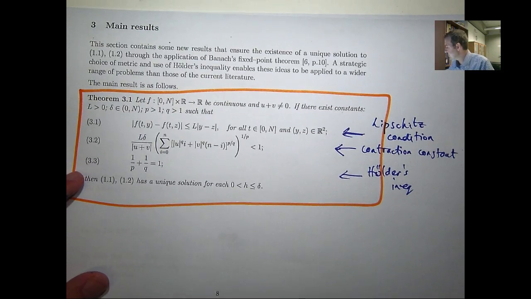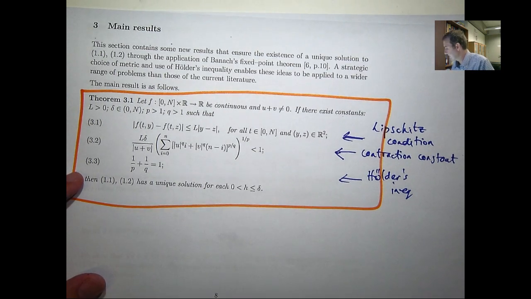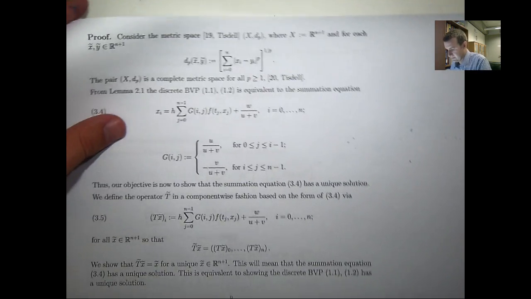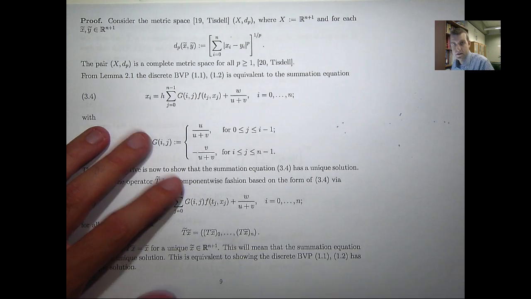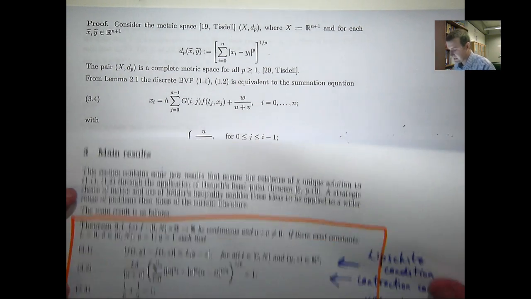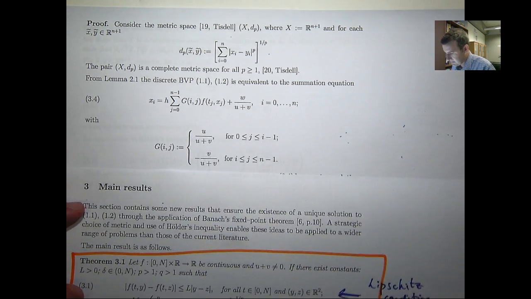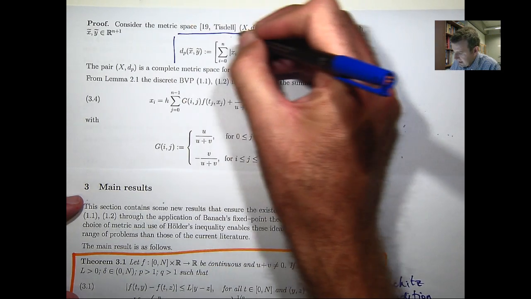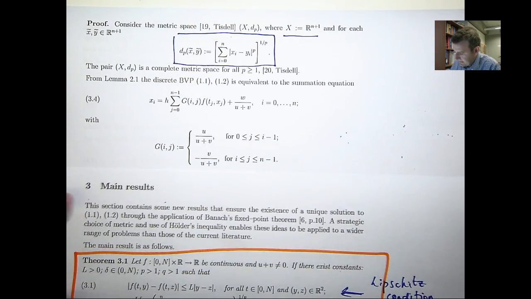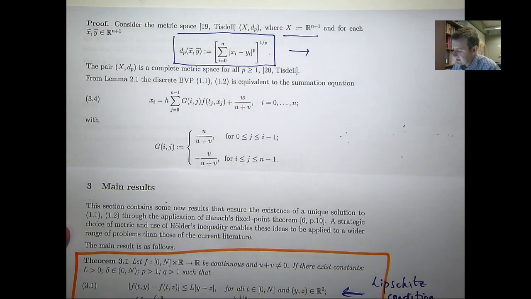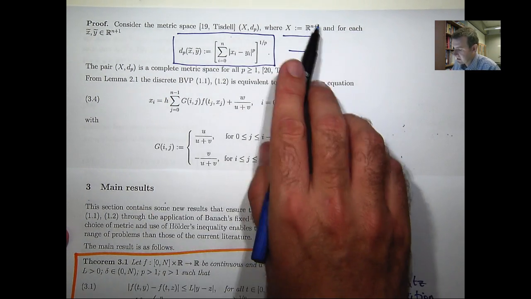The idea is to use Banach's fixed point theorem. Okay, so the first thing we need to do is set up a complete metric space. So here's our set, and here's our way of measuring distance between two vectors in R^(n+1).